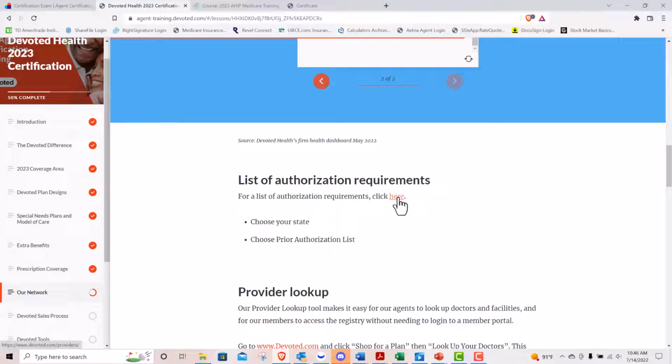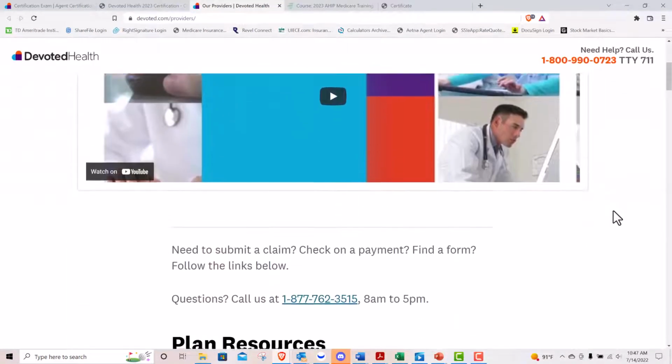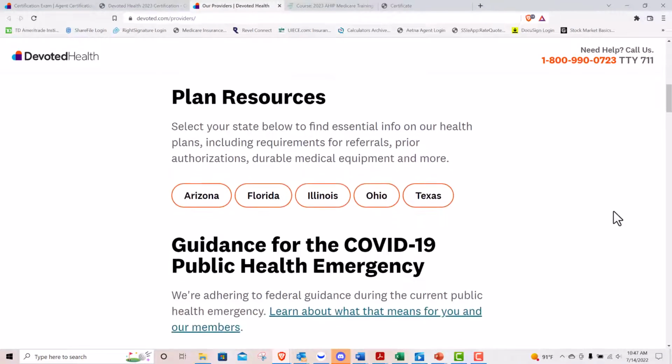So we can click here, look up the authorization requirements. Let's see what they need. So this is for providers. And I guess these are the information required for the DME.